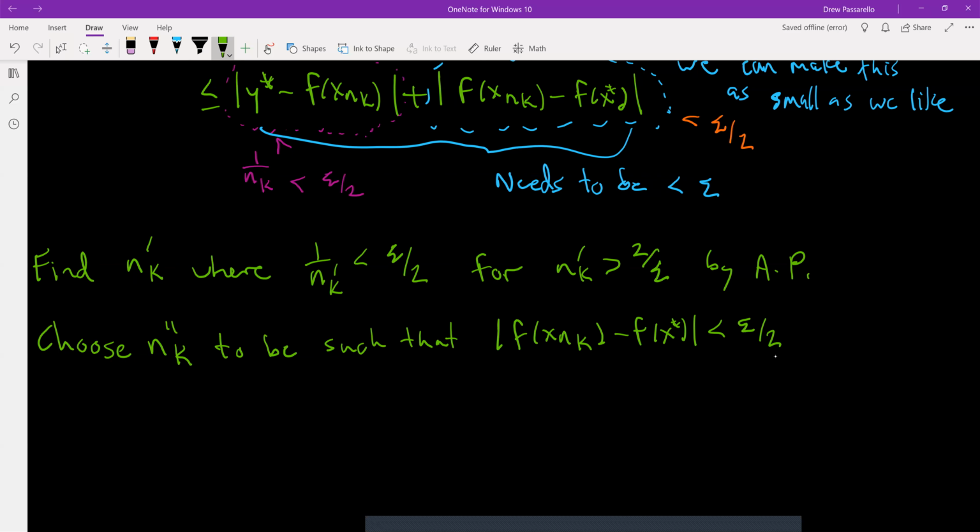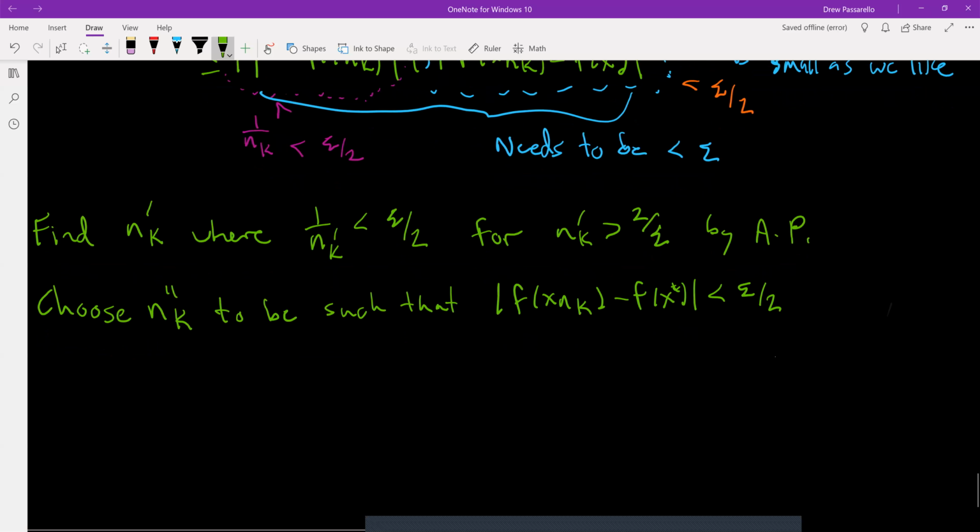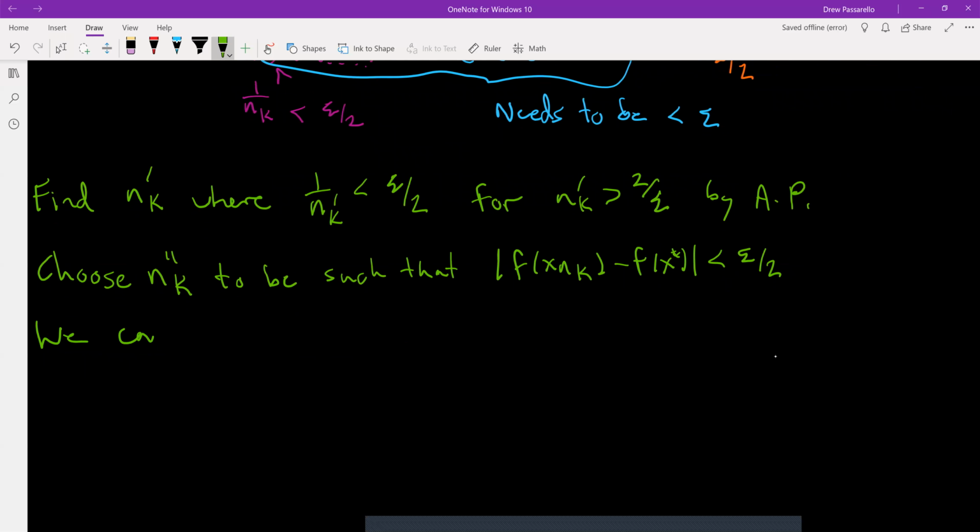And we can do this because we already know that f of x_{n_k} converges to f of x star, so it would definitely be true for f of x_{n_k double prime}, because we know that's convergence.